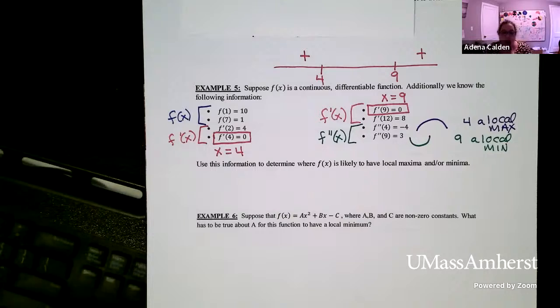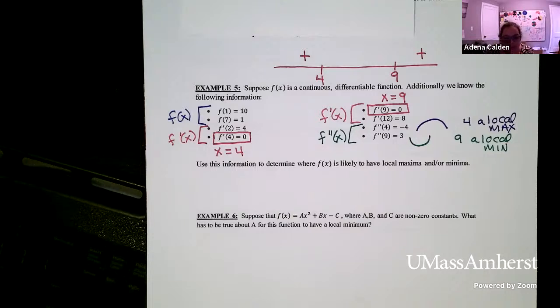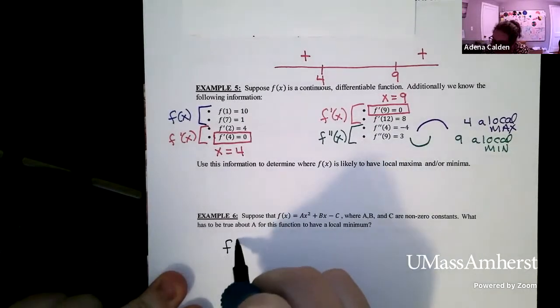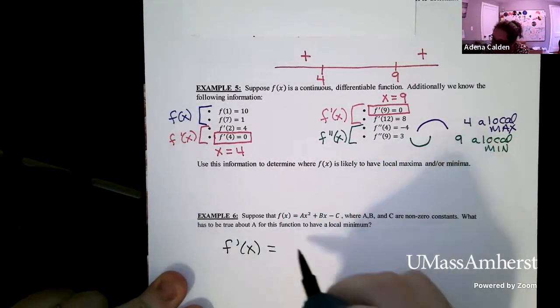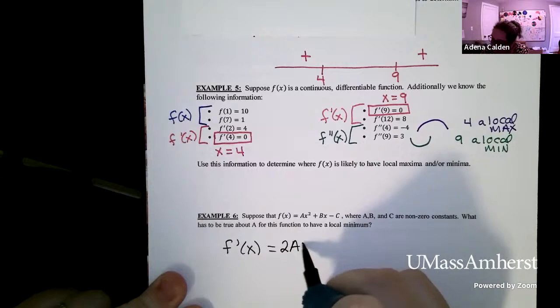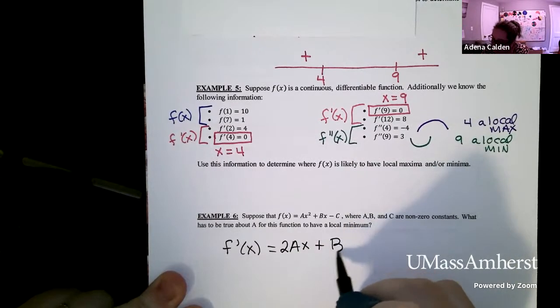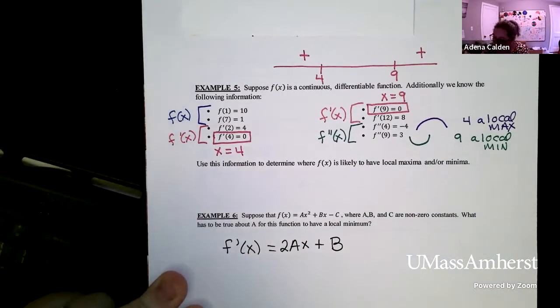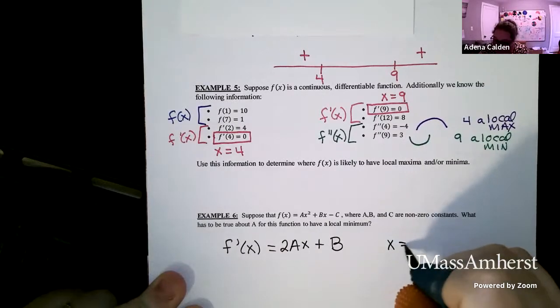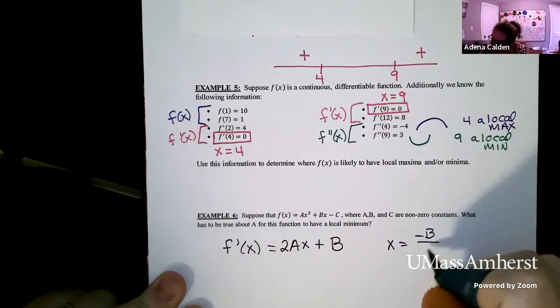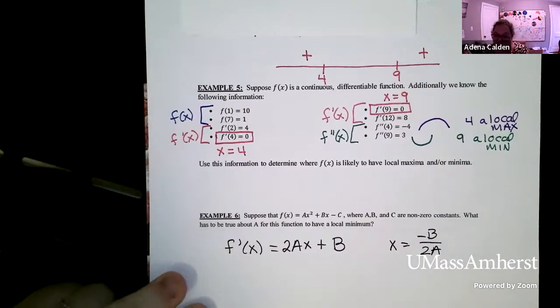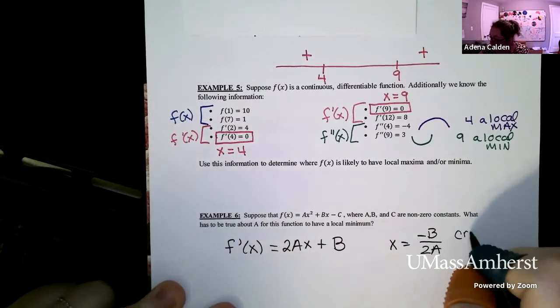And the question is, what has to be true about a for this function to have a local minimum?